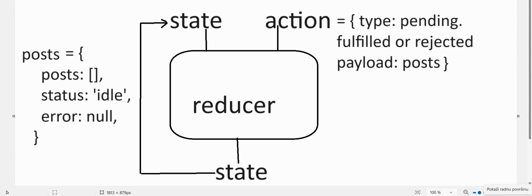These steps are the thunk function dispatching action type pending and action type fulfilled. That is processing in an asynchronous process. But Redux cannot understand the asynchronous part, only the synchronous part. Because of that we have middleware.